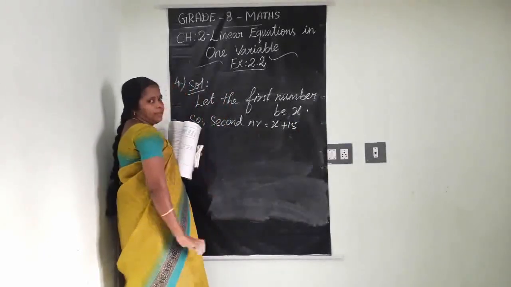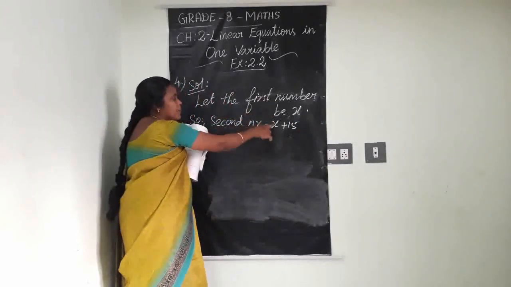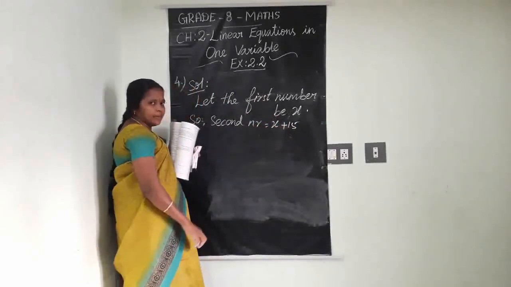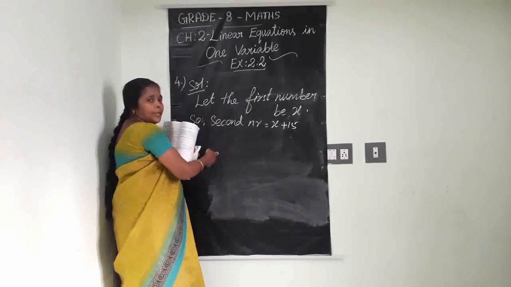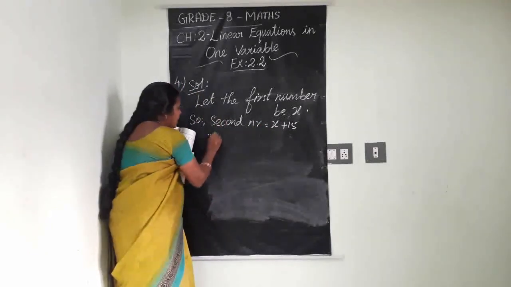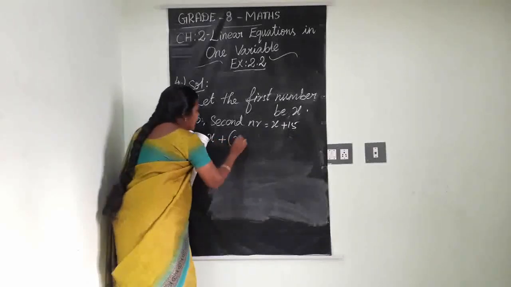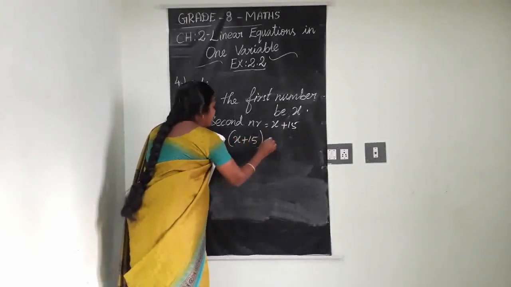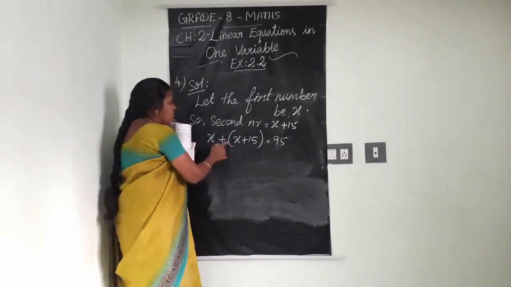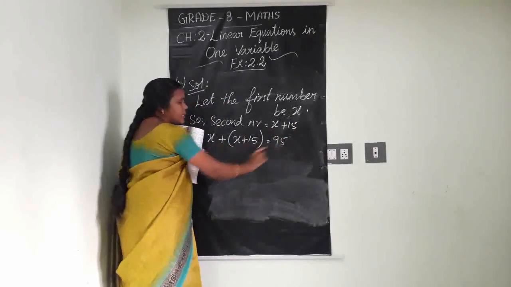According to the question, first number x means the second number is 15 more, so I wrote x plus 15. And then what did they tell? The sum of both becomes 95. So x plus x plus 15 is equal to 95.